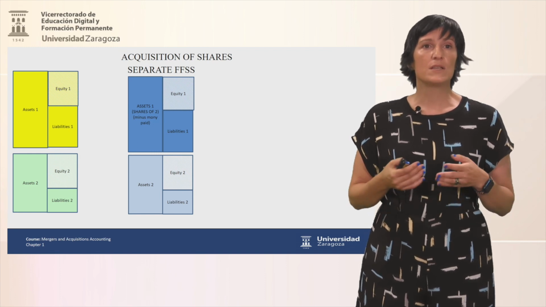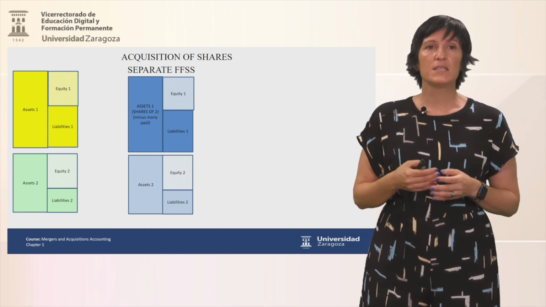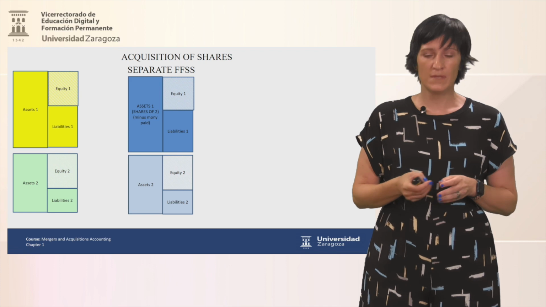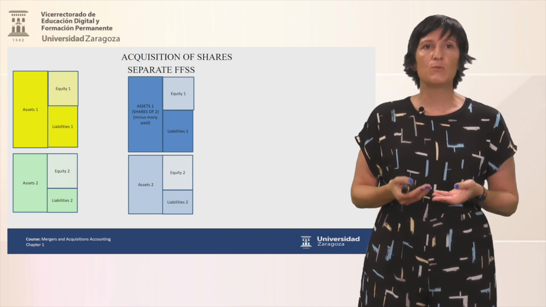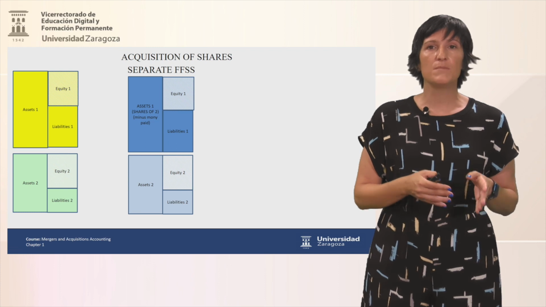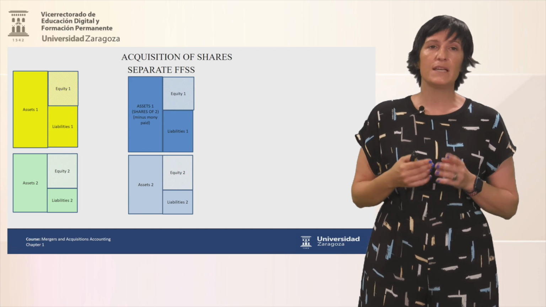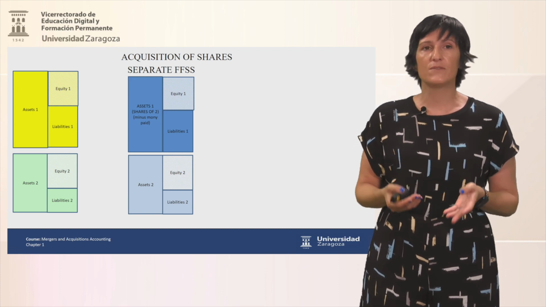These companies will continue to work together, and given the relationship that exists among them, accounting standards require that they not only prepare separate financial statements, but also prepare the consolidated ones, showing in just one picture all the assets of the group.